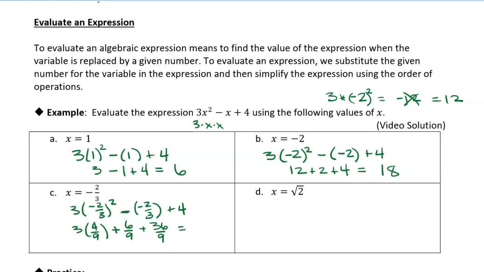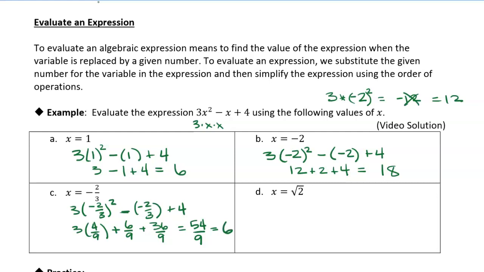So 3 times 4/9 gives me 12 ninths. 12 ninths plus 6 ninths is 18 ninths, plus 36 ninths ends up being 54 ninths. I can reduce that because 54 is divisible by 9, so the final answer is 6.